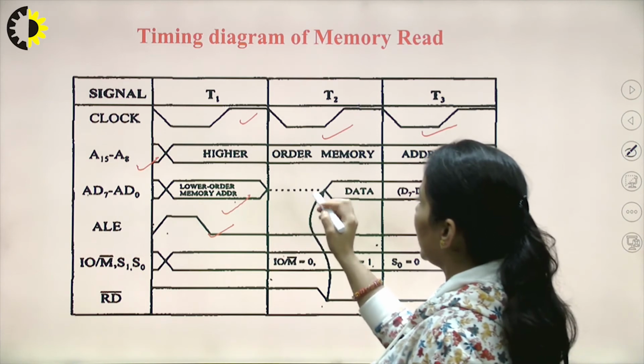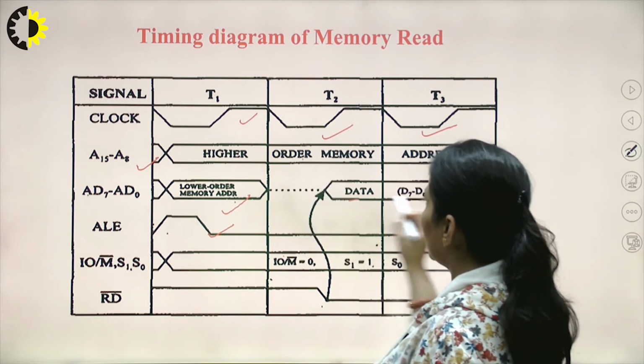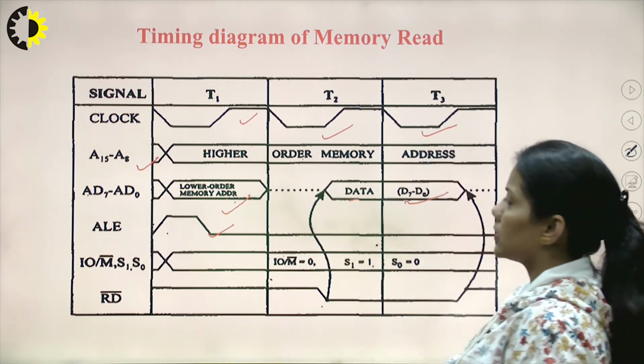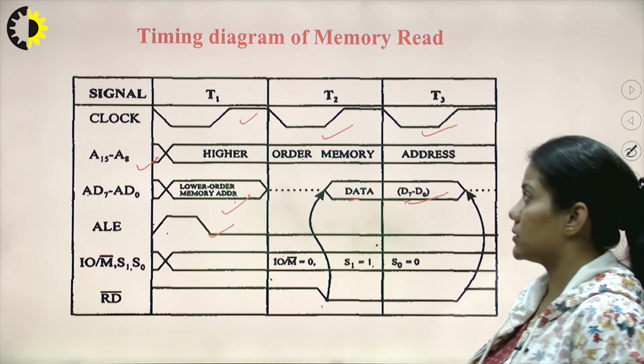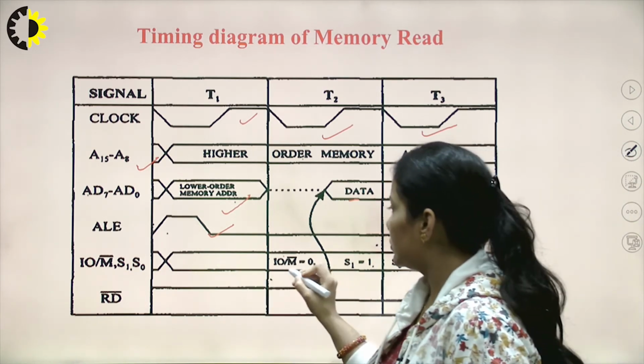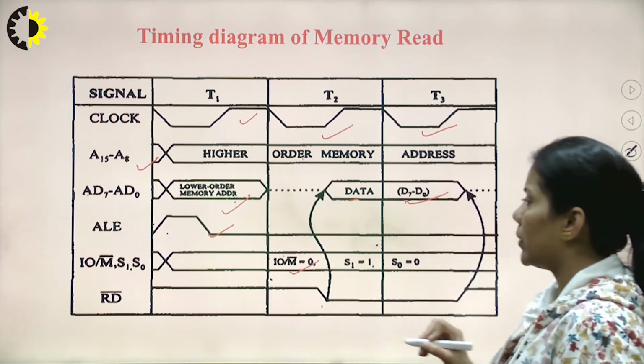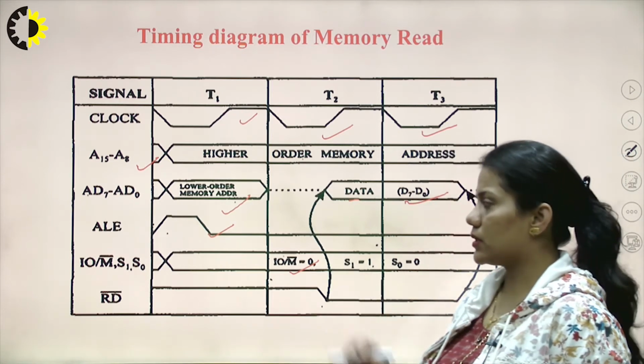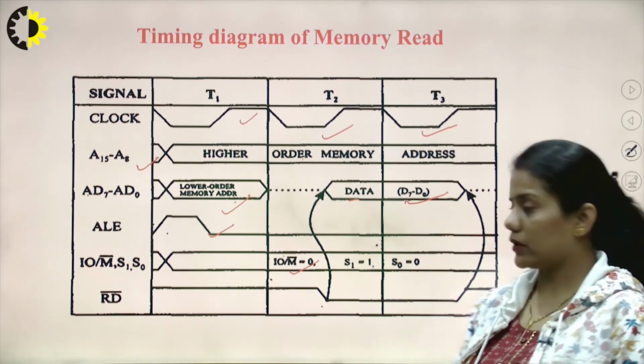After this the decode operation is there, and then the data is latched using the lower order data bus. Now IO/M bar is 0 because memory should be activated.